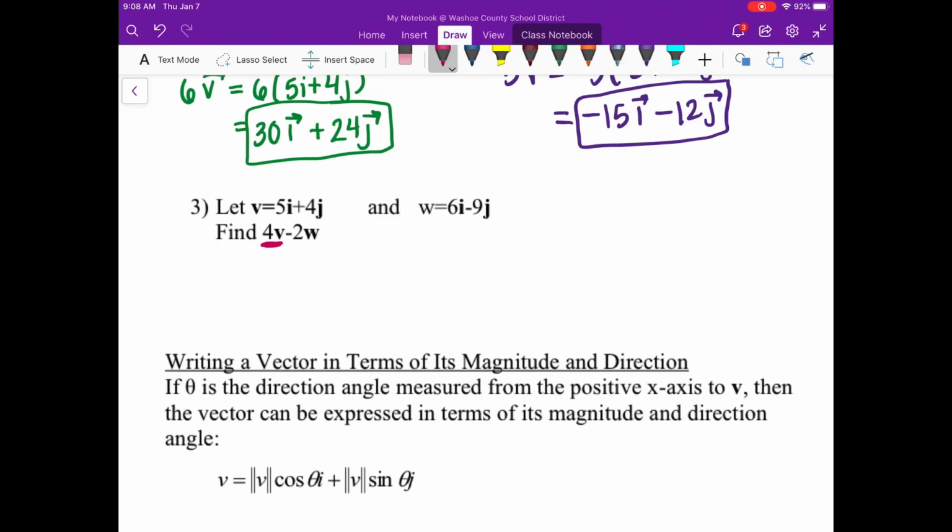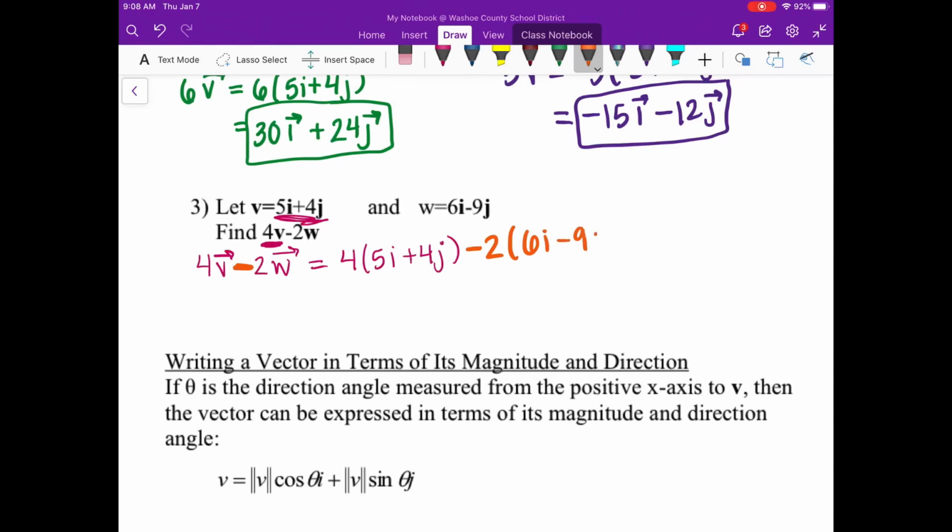All right, example 3 kind of puts it all together. It's asking me to multiply 4 by v, so 4 times v, and then subtract 2 times w. So that means I'm going to take 4, multiplying by the value of vector v, 5i plus 4j.